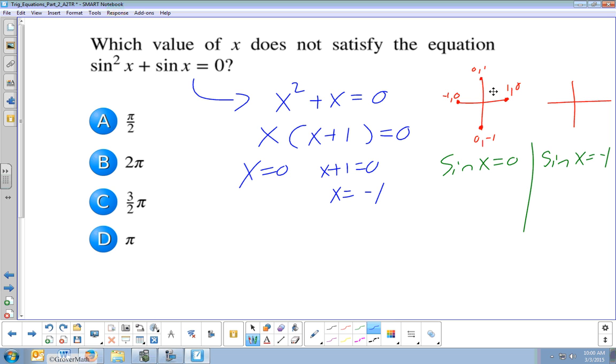And then, as always, make it CS, CS, CS, CS. So when is sine 0? Sine is 0 here, and sine is 0 here. This is the 0 coordinate and the 360 spot. Remember, 0 and 360 right here.